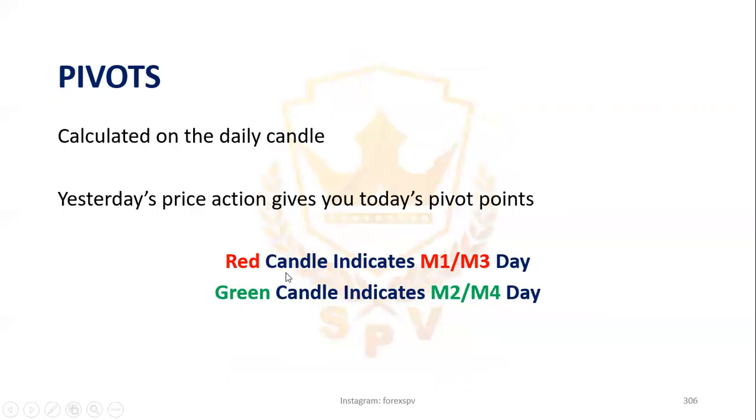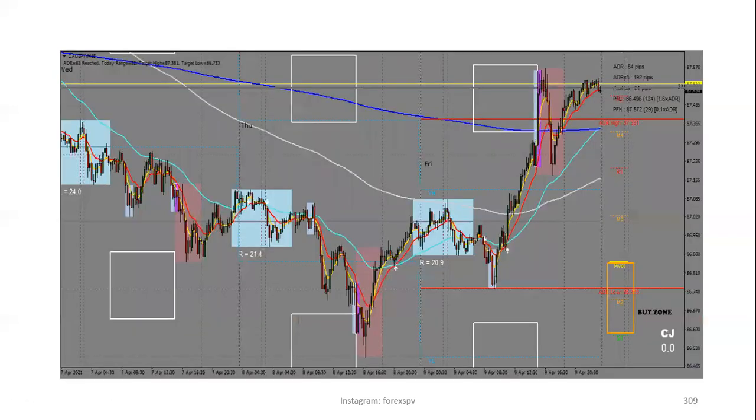So a red candle indicates an M1, M3 day, a green candle indicates an M2, M4 day. But I've marked these areas, the 3 pivot levels, as the buy zone if you're looking for an uptrend. Sometimes the dealer will form a pattern around the CPP, sometimes M2, sometimes the S1.